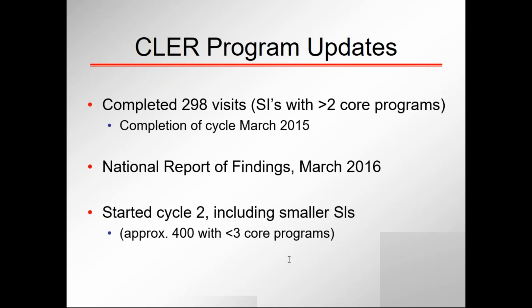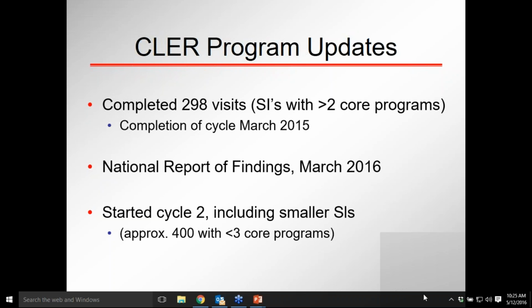So the first round of visits is over. There were 300 visits that were done in institutions that had at least 2 residency programs or more, and that accounts for about 300 places. And all that data was just put into something called the National Report of Findings, which was published in 2016.